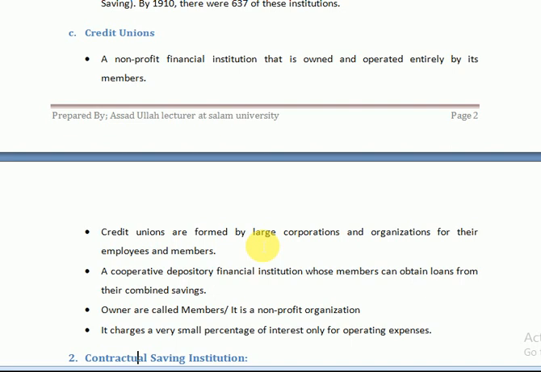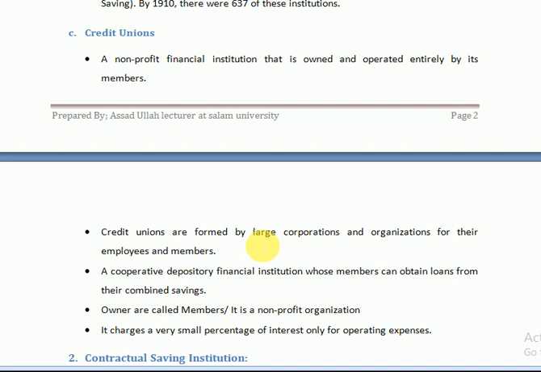So now, when credit unions generate their funds, they can channelize those funds in the shape of consumer loans and mortgage loans as well.